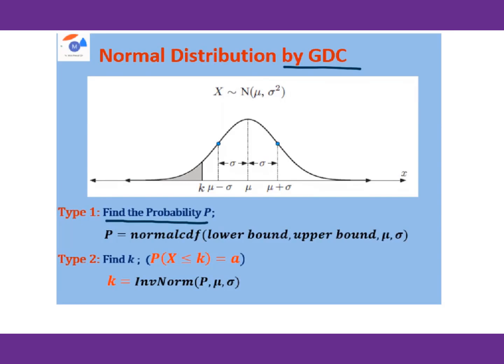This we already did last lesson. For type 2, you need to figure out the key value, like this. For the graphing calculator, you have to use inverse norm. The probability you put into the graphing calculator has to be x less than or equal to k.